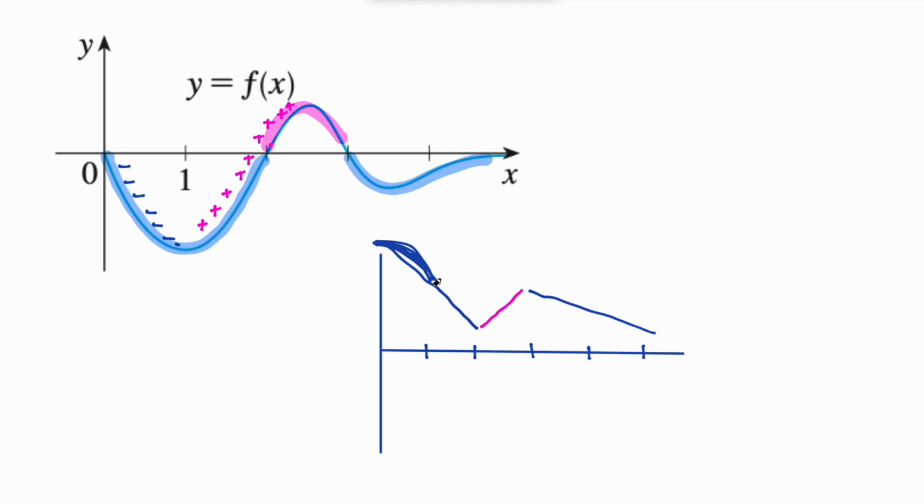So from here to about 2.5, it's concave up. And then from about 2.5 to 3.5, it's concave down. And then from about 3.5 on, it's concave up.